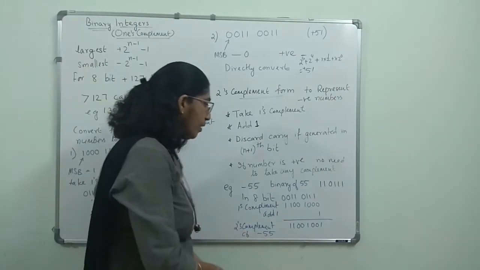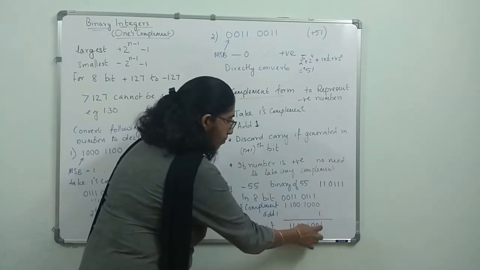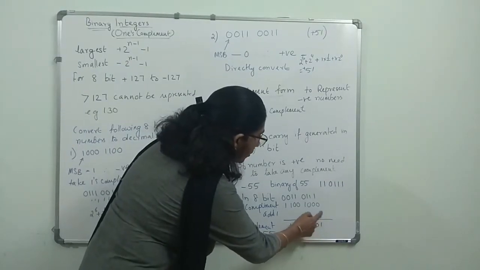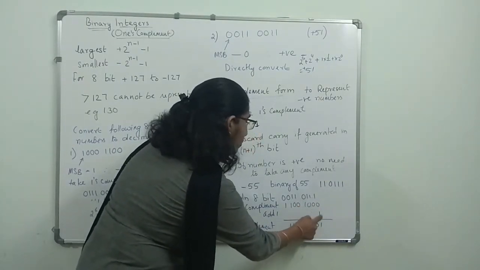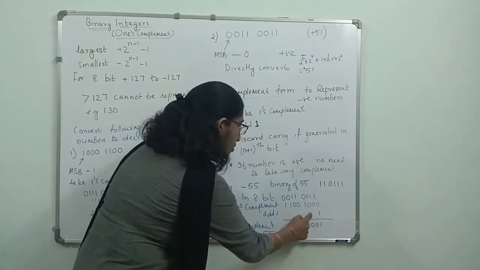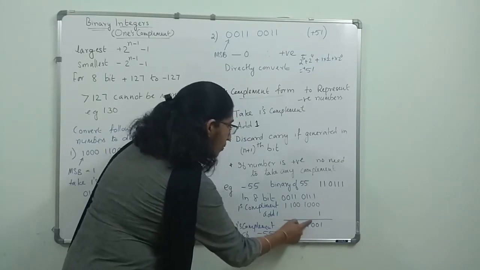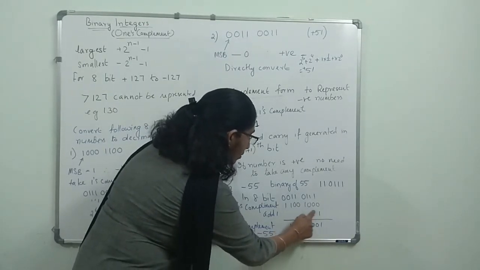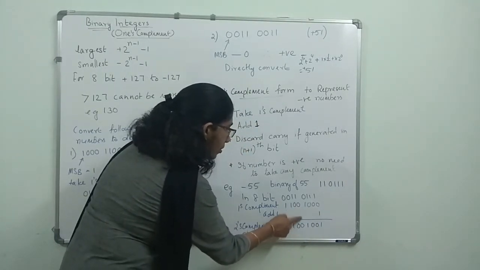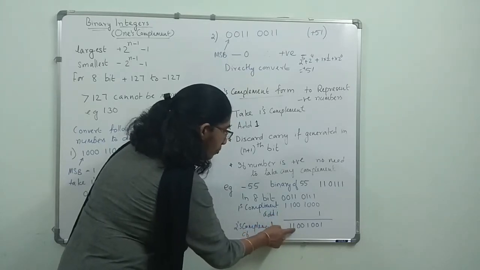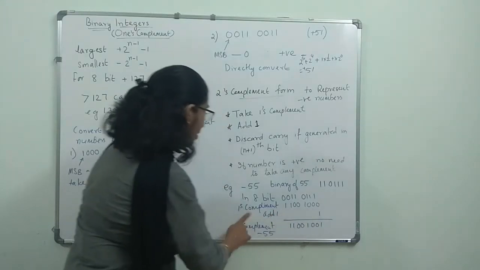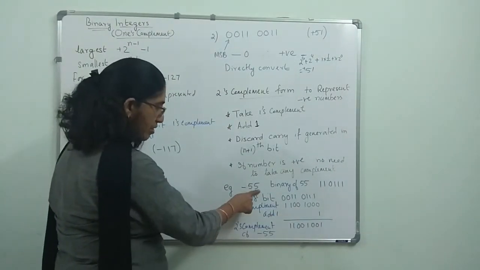You are adding 1. When you add 1 here, 0 plus 1 is 1. You just keep on adding: 0 plus 0 is 0, 1 plus 0 is 1, 1 plus 0 is 1. So you get this. You are just adding 1 bit here. So what you have done is, minus 55 is given.